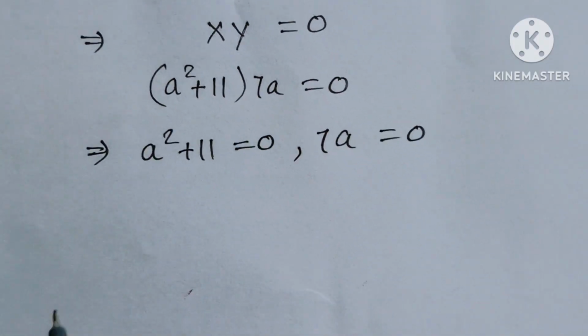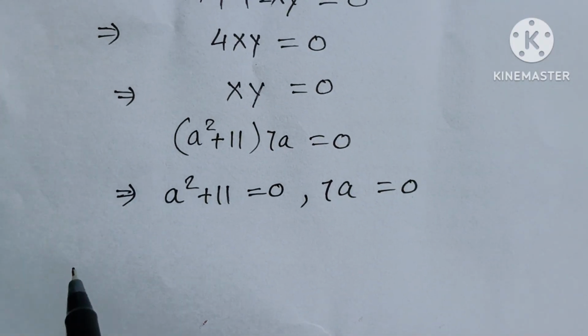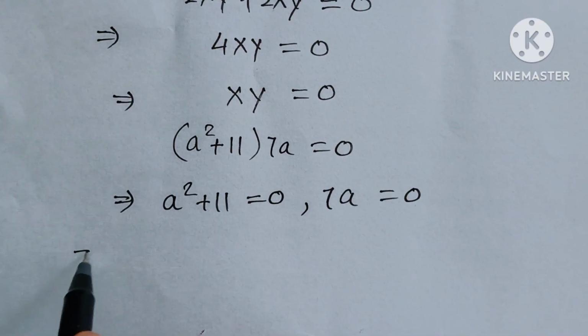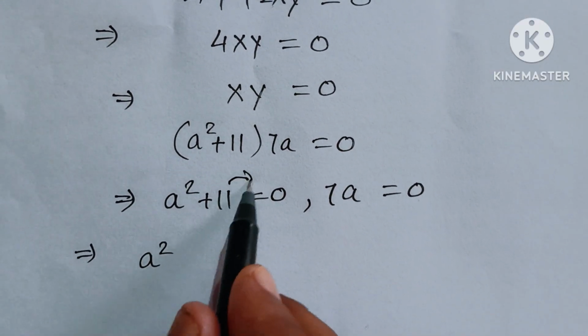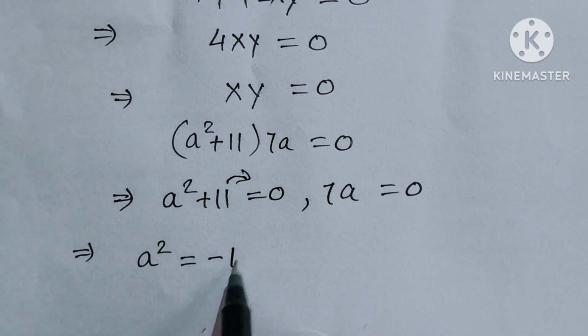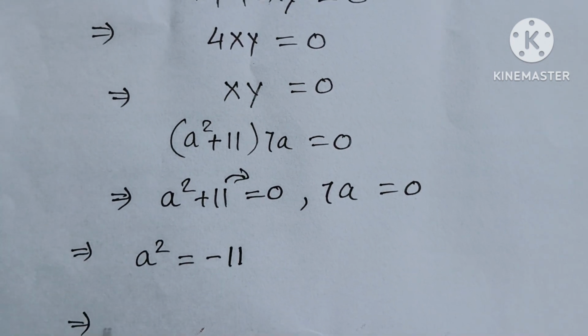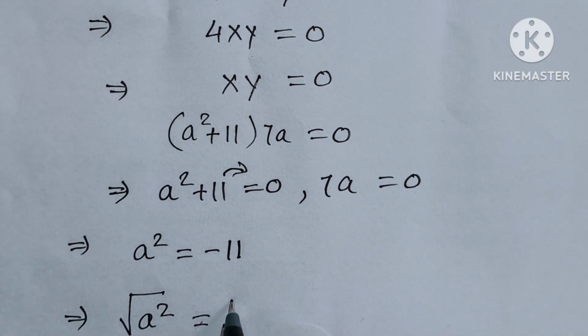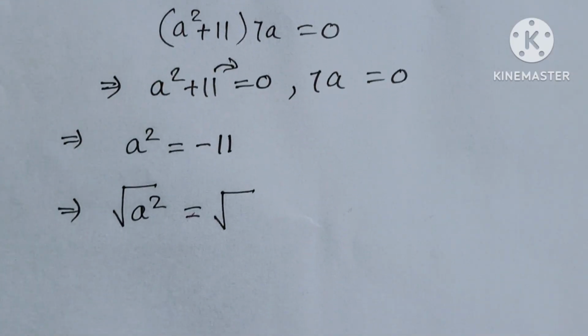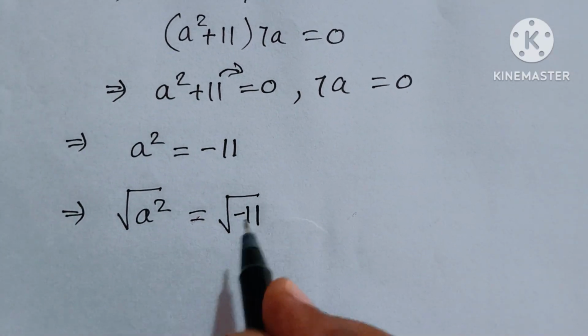Now here we can solve this. a square equal to minus 11. Under root a square is equal to under root minus 11.